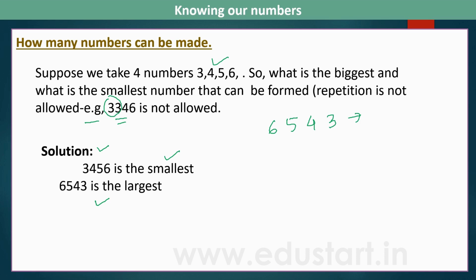So this is the biggest number. Now in order to find the smallest number, what do you do? Put the smallest digit in the biggest place. So 3 at thousands place, 4 at hundreds place, 5 at tens place, and 6 at units place. So this is the smallest number. I think this is clear.